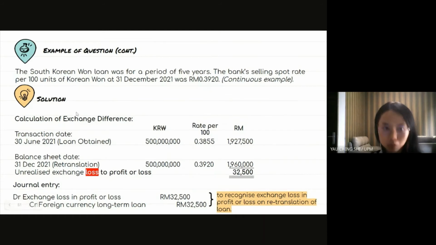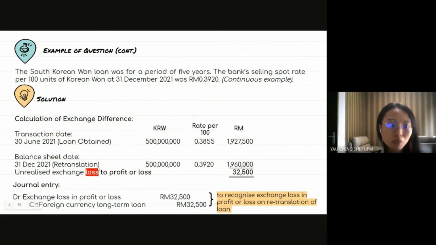So for the calculation, we will be using the same method. However, we need to take note that the rate is per 100. So remember, with the method that I presented before this, we will need to multiply by 1 over 100 or divide by 100.